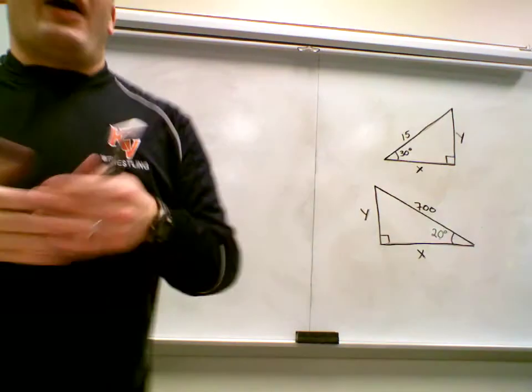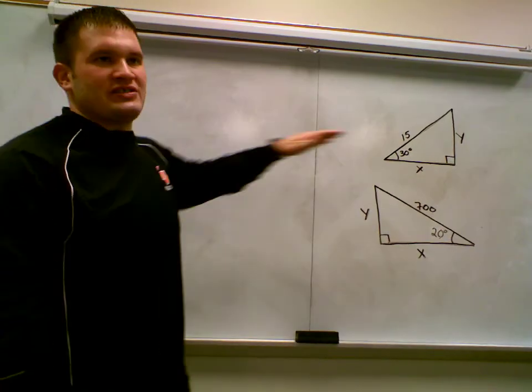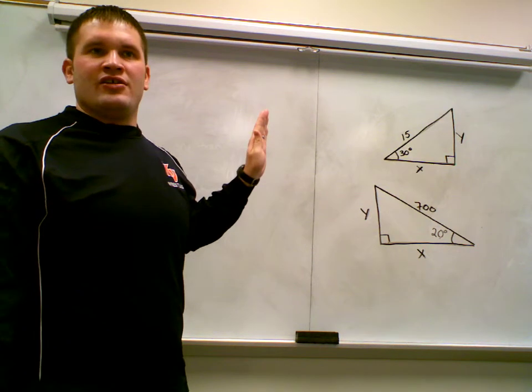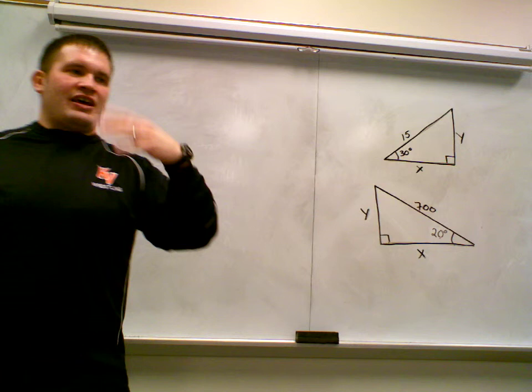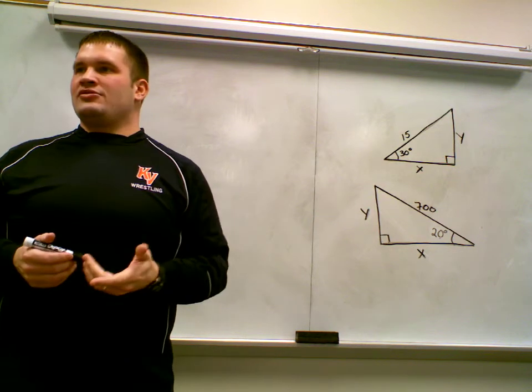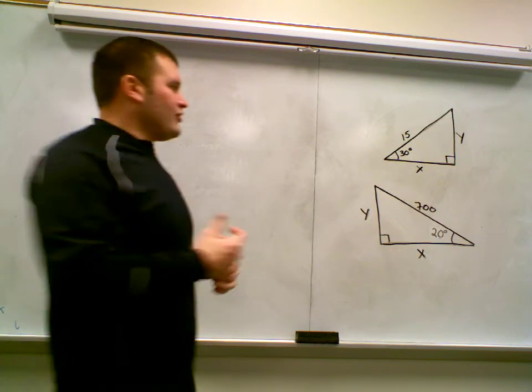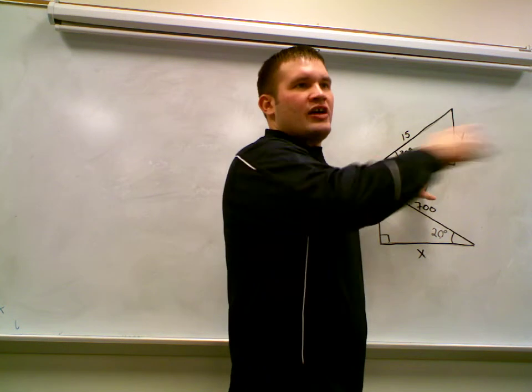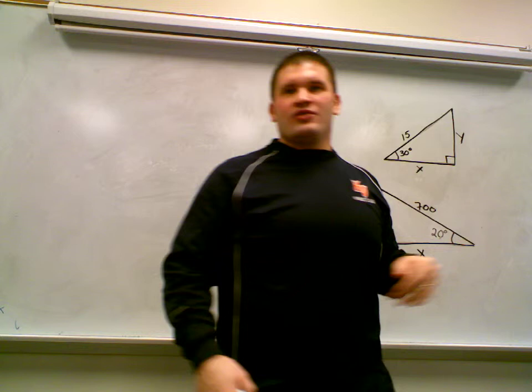In order to make a basket, the ball has to travel some distance horizontally and vertically, right? So when you shoot it, you have to shoot it at an angle. And the angle you shoot it at has some part that will go in the horizontal direction and some part that will go in the vertical direction.